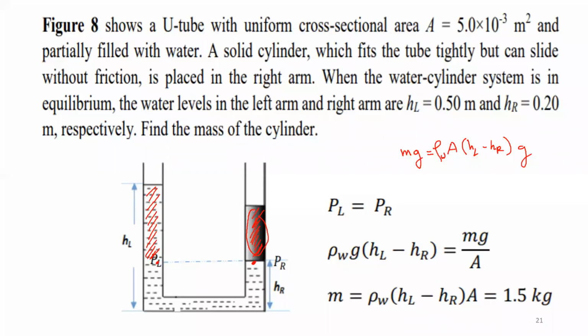Okay, so what is the weight here? It will be the mass of the cylinder multiplied by g. What is the weight of this column of water or this column of liquid here? Of course, it will be mass of this column of liquid multiplied by g.